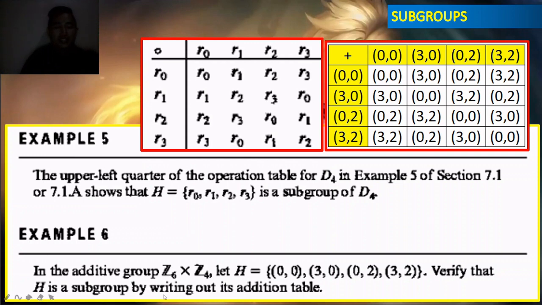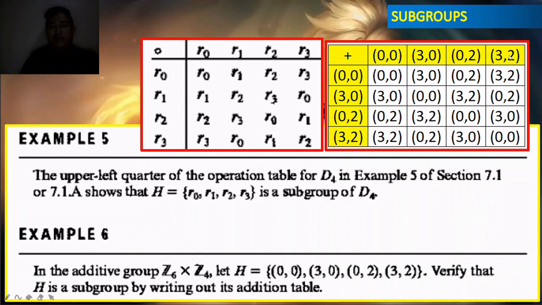Let's see their table under plus. Verify that H is a subgroup by writing out its addition table. So, 0 plus 0 is 0, 0. Here are the results of all four. So the closure property is checked. The identity is (0, 0). And then the inverse of (3, 0) is itself, since plus gives (0, 0). The inverse of (0, 2) is itself, (0, 2), since (0, 2) plus (0, 2) is (0, 4), and 4 is 0 in Z4, so (0, 0).